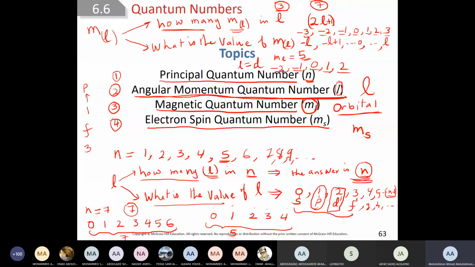I hope this is clear. You memorize this already. Let's do it one more time. If L is equal to D, how many solutions do we have? 5 solutions. We represent them by lines: 1, 2, 3, 4, 5. What do we call each line?